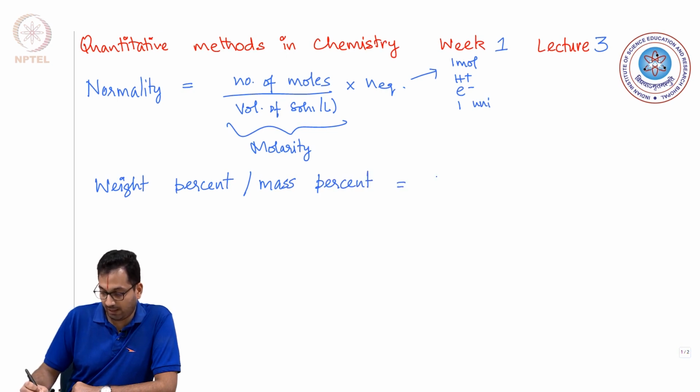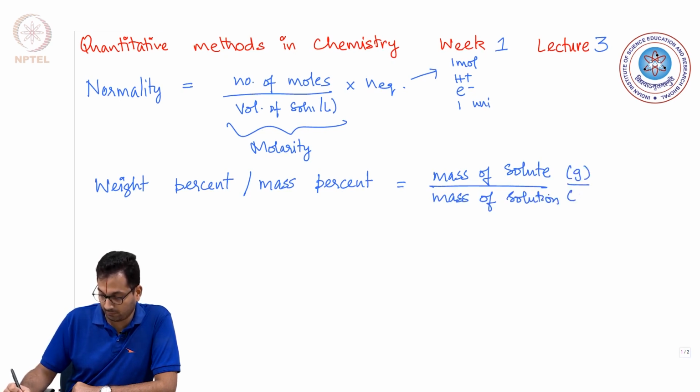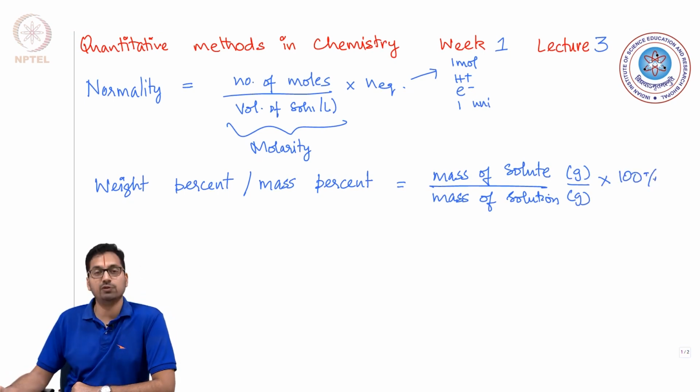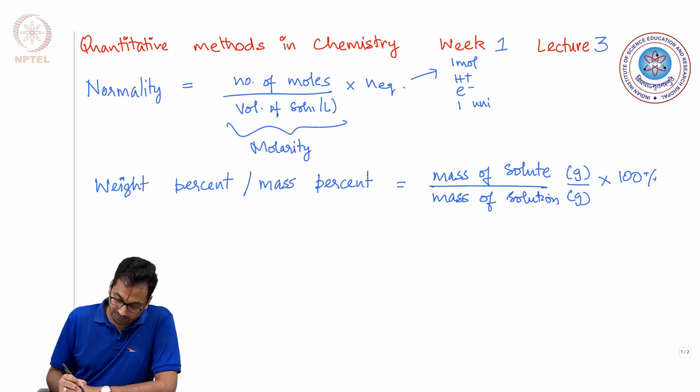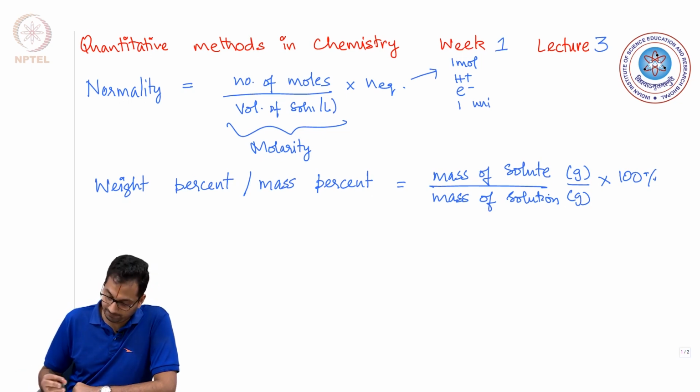This is defined as the mass of solute in grams divided by the mass of solution in grams, multiplied by 100, which gives you a percentage. There are also other similar units. I am going to define all of them as we go forward.